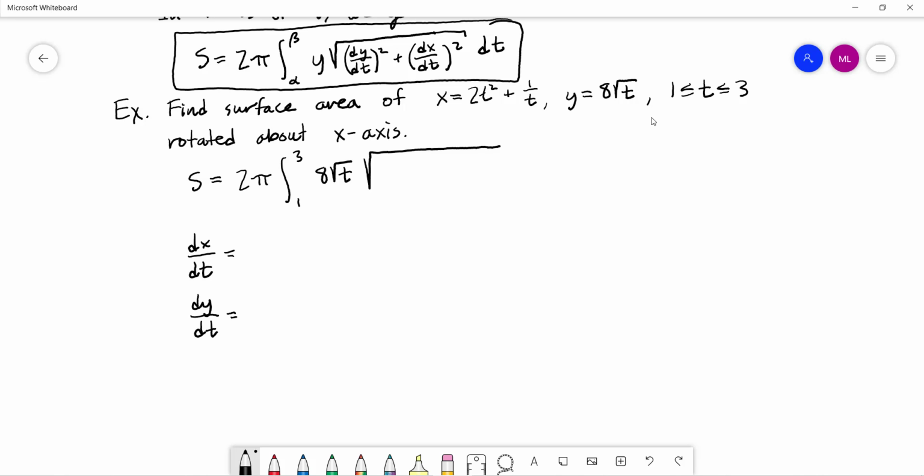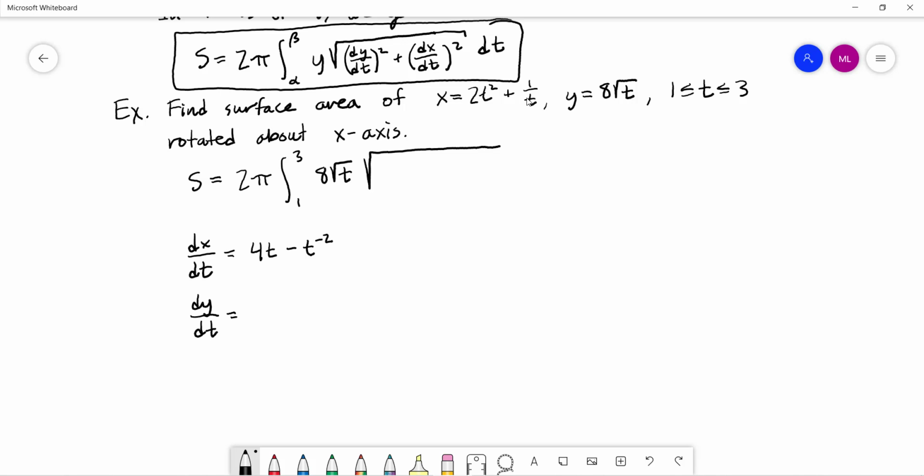So dx/dt, the derivative of this one, when I take that derivative, I'm going to get 4t, and the derivative of 1 over t, you can think of that as t to the negative 1 power. The negative 1 would come down, and the power would decrease, so you can think of it as minus t to the negative 2 power.